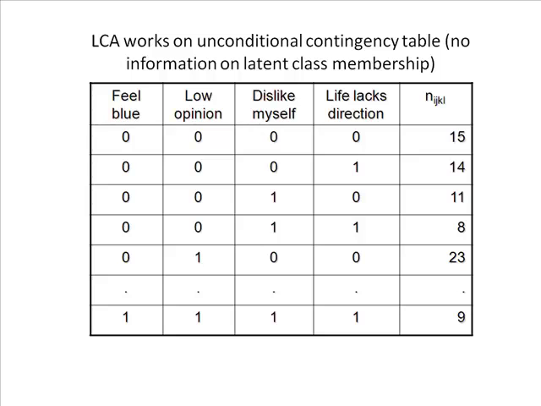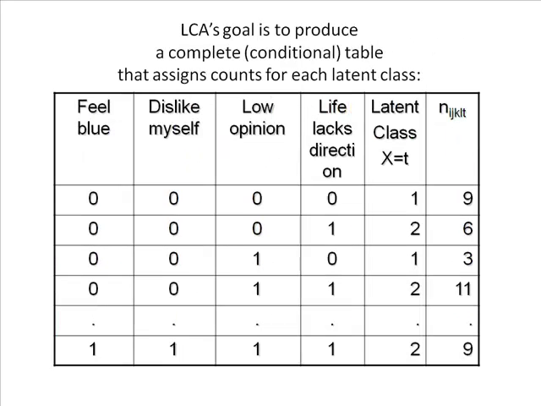And having done that, what latent class analysis does is it gives us this extra column over here, which is how many people it expects to be in latent class 1 or in latent class 2, given these sets of observed characteristics.